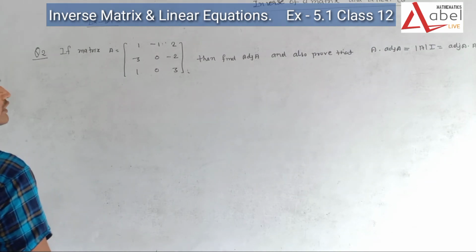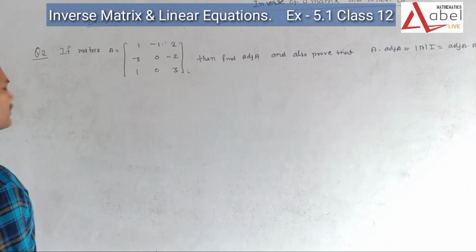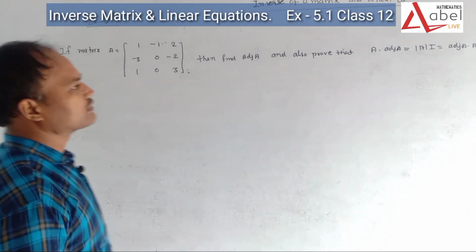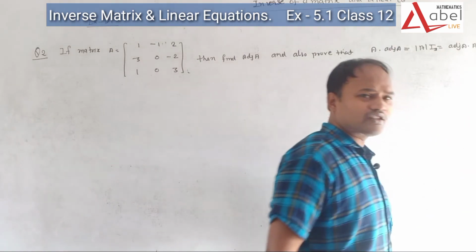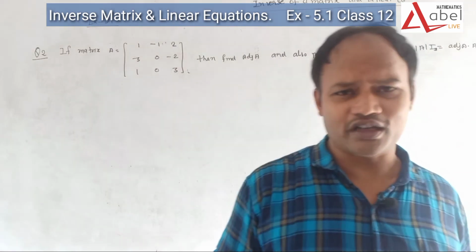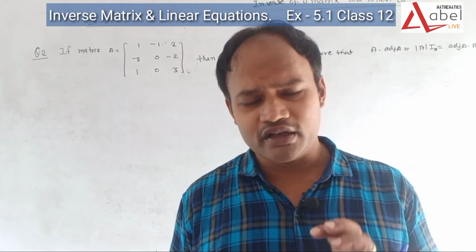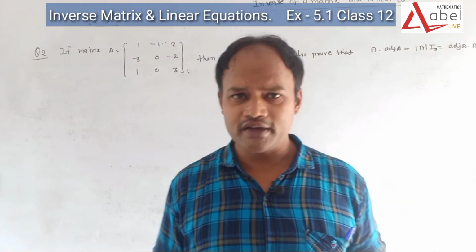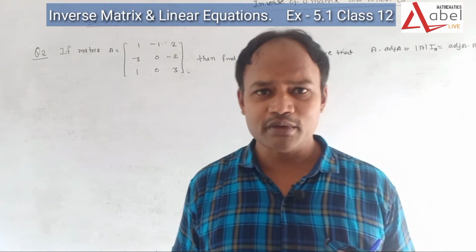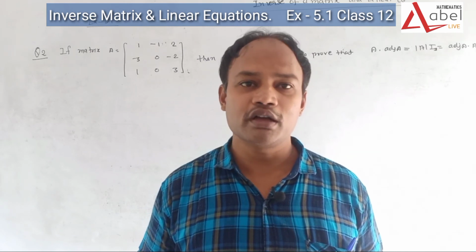A into adjoint of A equals determinant of A into I3, and adjoint of A into A also equals that. Students, it should not create a problem when we talk about I or I3. When I3 is given, it means we have to use the 3 by 3 identity matrix.